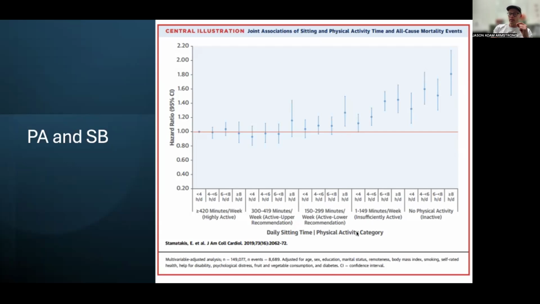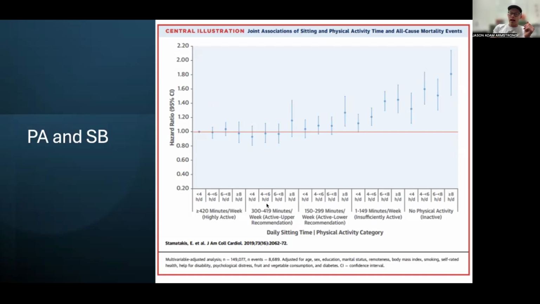That's pretty common in our society when we look at accelerometer data. But in any case, I could communicate with a client and say, hey, if you can meet these guidelines, your increased risk of mortality is not likely to be very great, if there is any at all, and you'd have to be getting more than 8 hours of sedentary behavior a day.